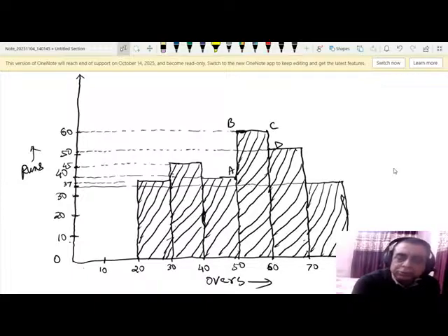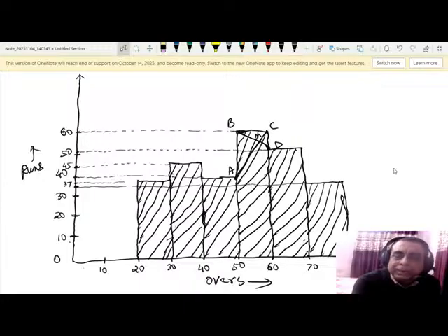Now, what will you do? You will use a scale, not freehand. You will join the opposite points A and C with the scale and pencil, and join B and D also with scale and pencil, where these two lines are meeting. Here they are meeting.